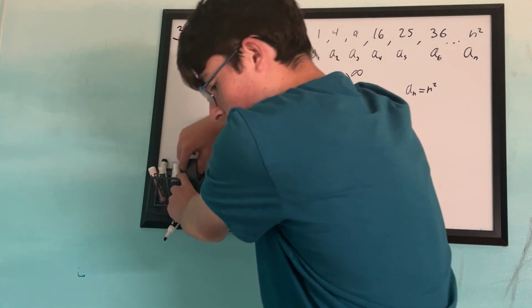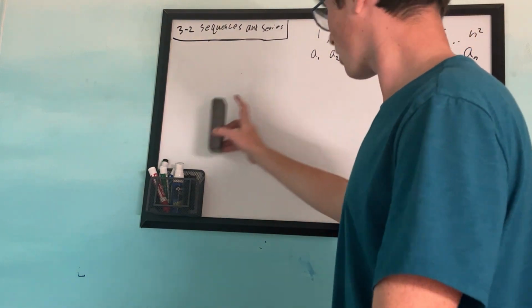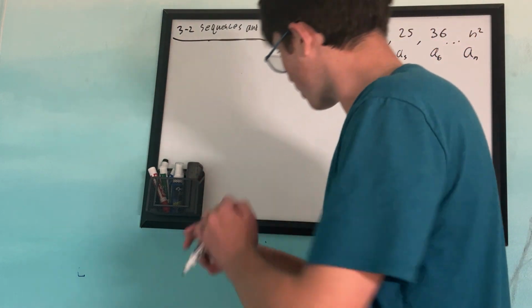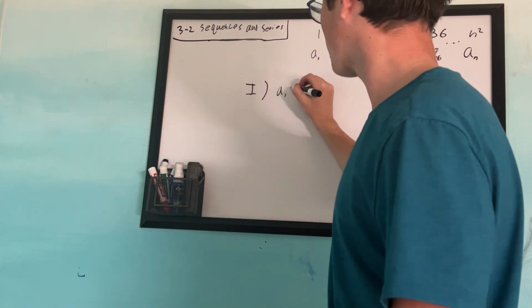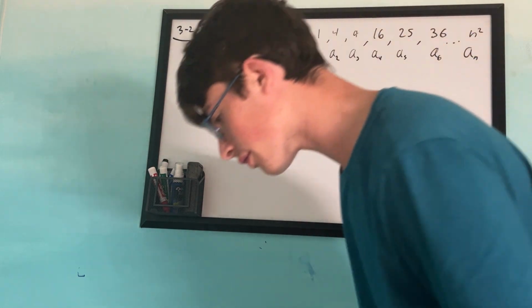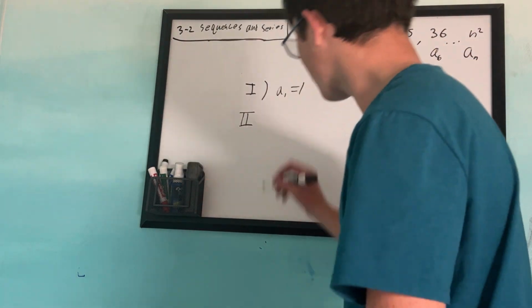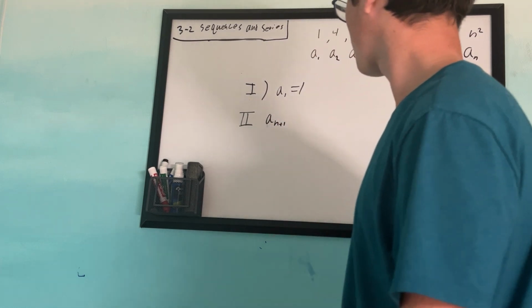And then if you want to define it by recursion, first off, we have to define a1 equals 1. And the next step would be to define a of n plus 1.